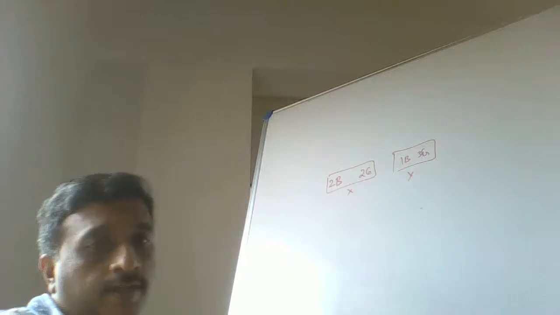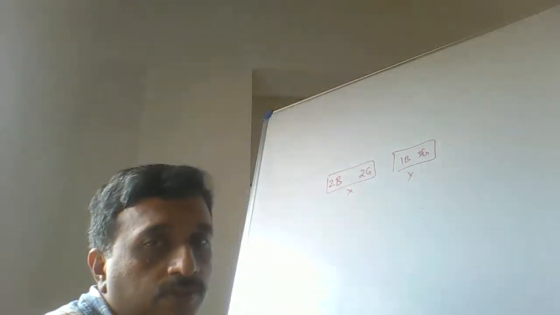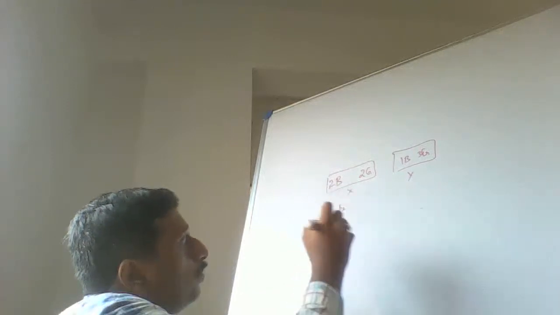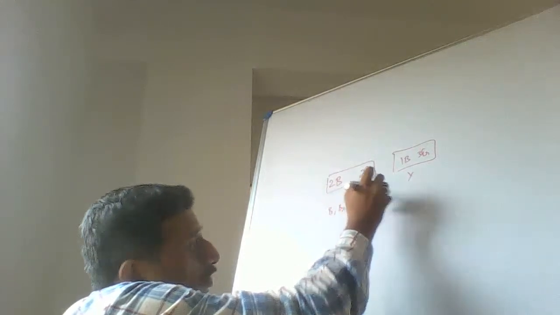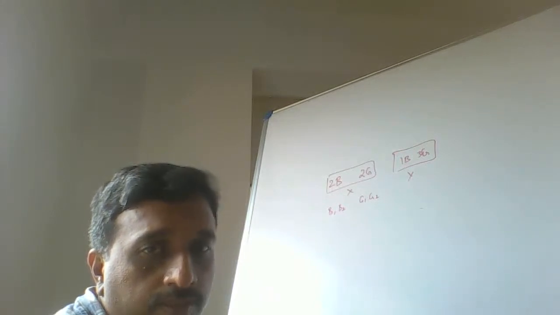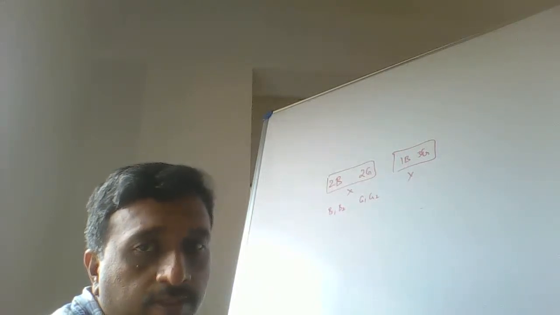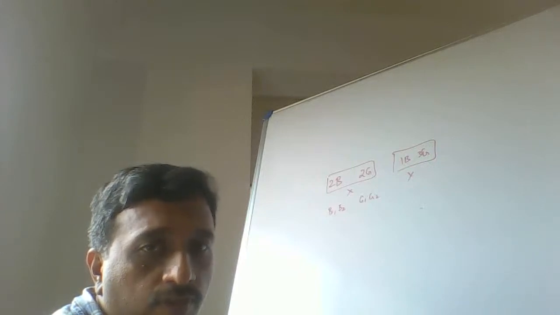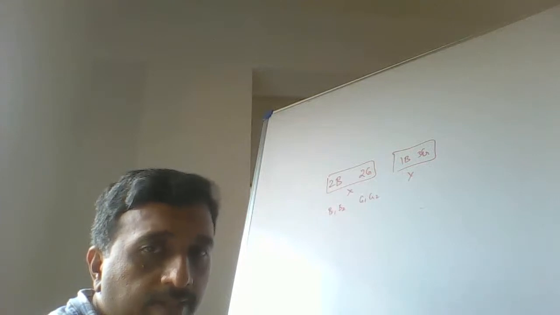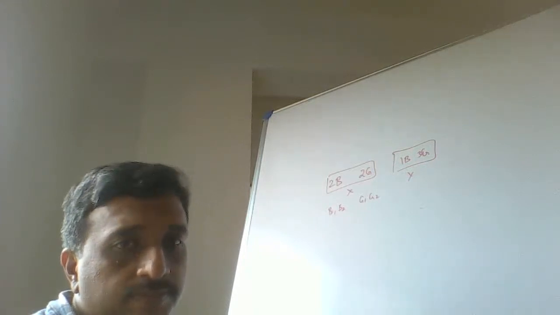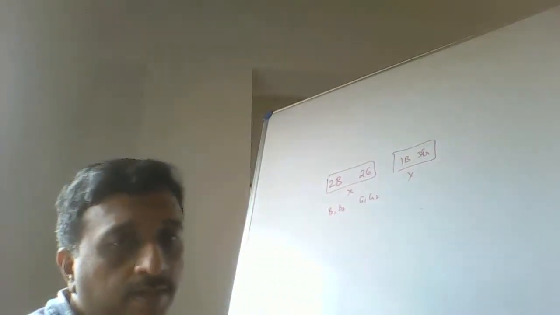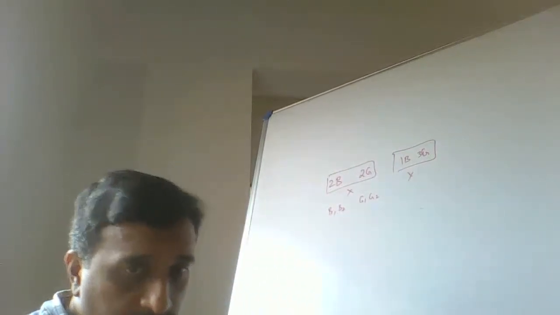So I'll represent the boys as boy one and boy two and the girls as girl one and girl two, so that we will not have any problem with that. Specify the sample space for the experiment in which a room is selected and then a person. Now how is this possible?